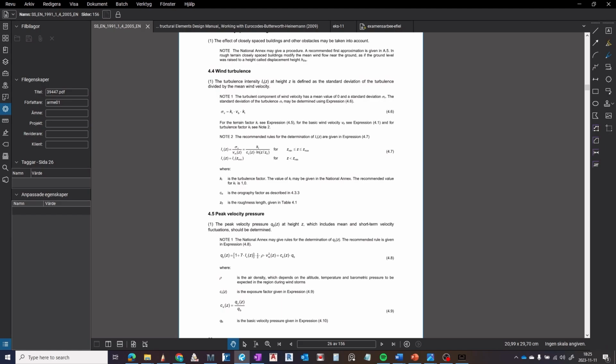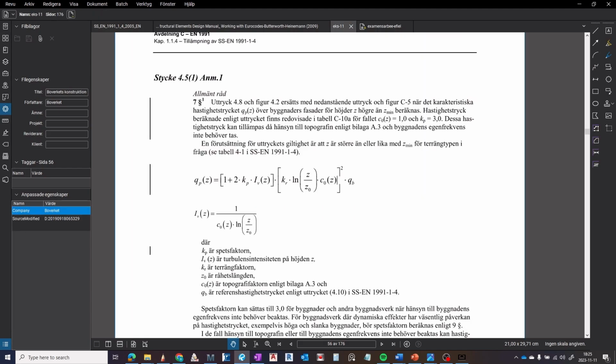You have the wind turbulence, and in that way you can arrange these equations so you can find a final formula to take care of these calculations. You find this in a national annex as well.